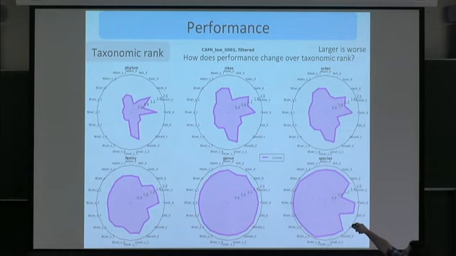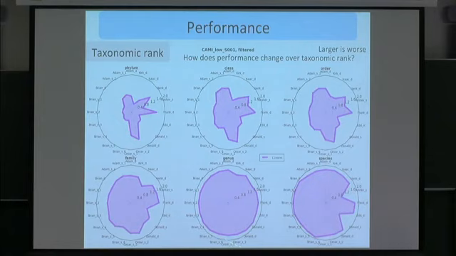And so you can see that just generally overall, the area right here is getting larger the farther you go down, which makes sense. It's more difficult to do these lower taxonomic ranks. But even at the genus level, getting your abundances correct was pretty uniformly difficult for every single one of the methods.